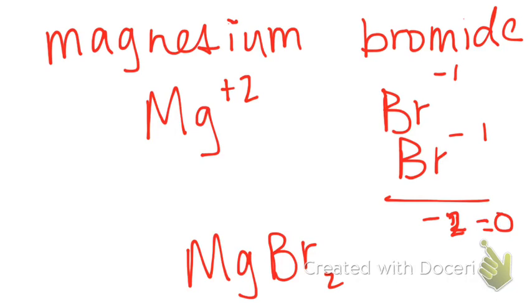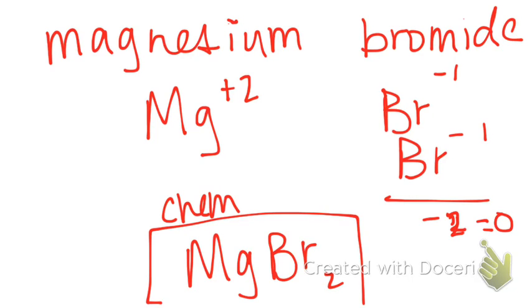We don't write any charges in our final compound. Our charges are not written because it should have a neutral charge overall. We have 1 magnesium. If there's no subscript written, we assume it's a 1. So we don't bother writing that we have 1 magnesium. It only applies to bromide. Okay, so here is the chemical formula.